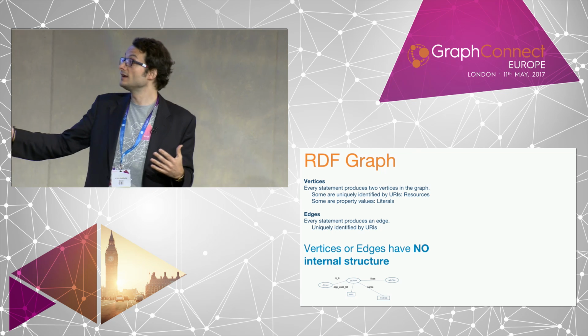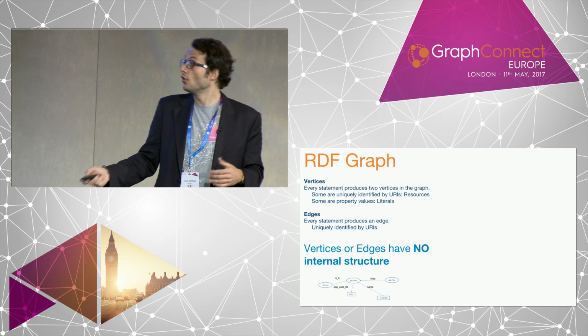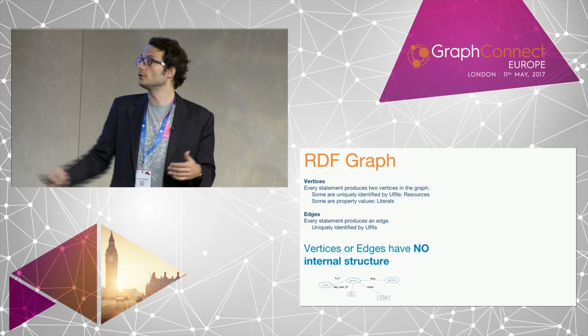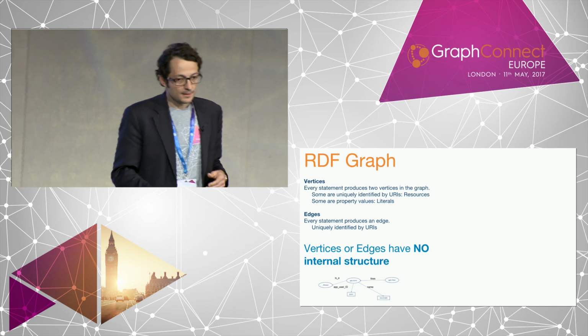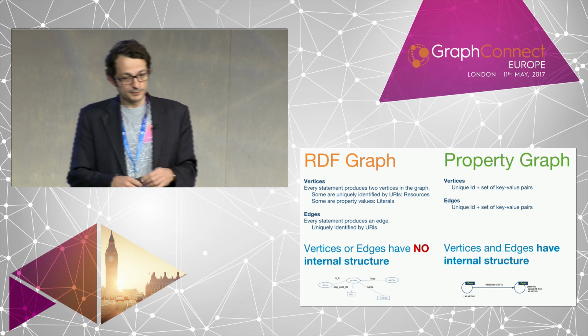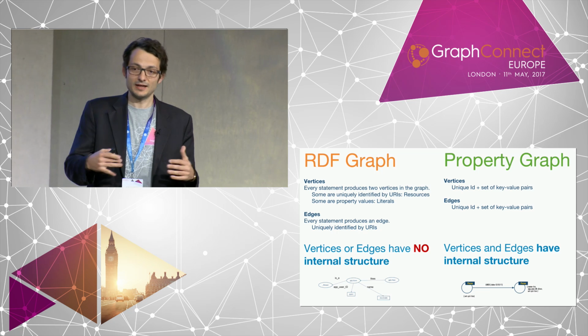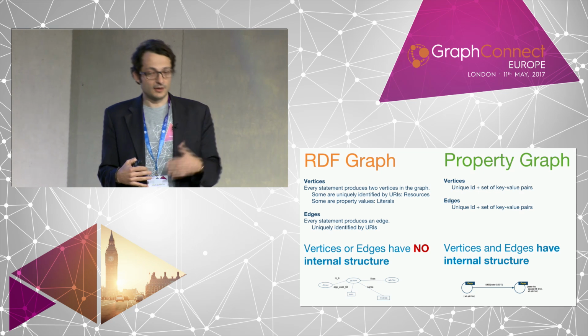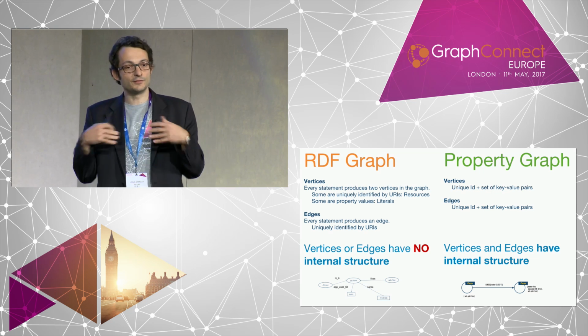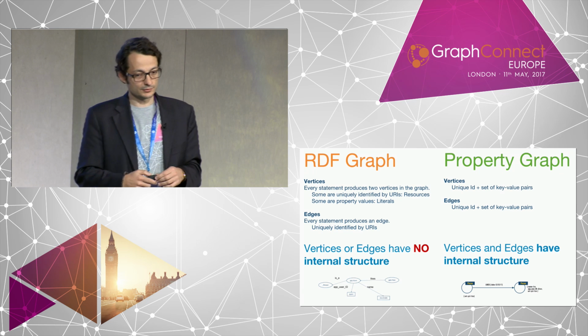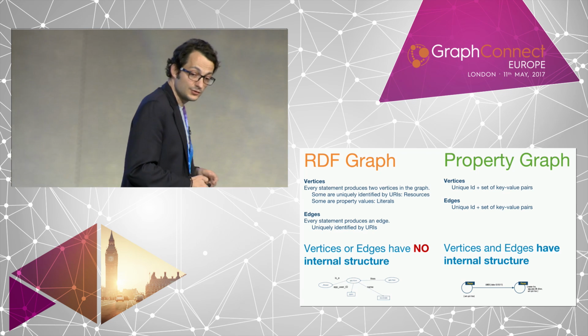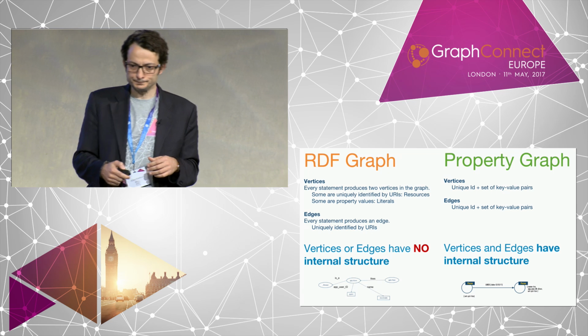It will be either unique identifiers representing entities or literal values, as they call them, for values or properties. Whereas in the label property graph, nodes and edges can have, on top of the unique ID, a set of key value pairs that describe their internal structure. So both elements do have internal structure, right?